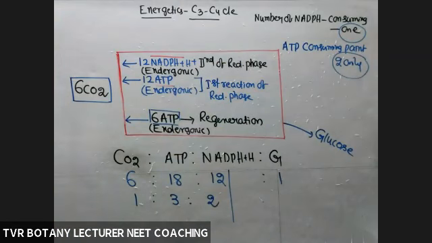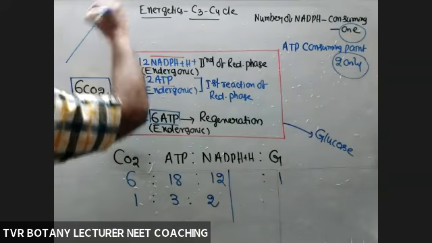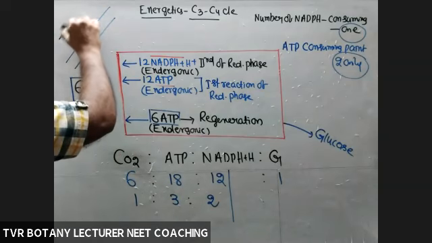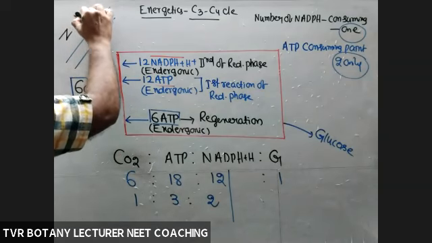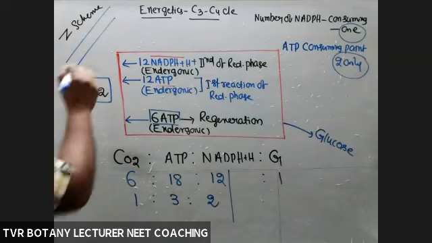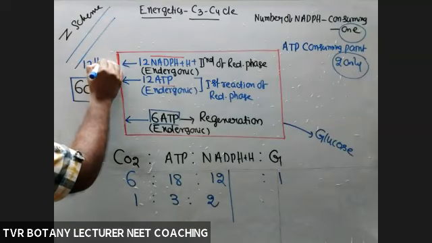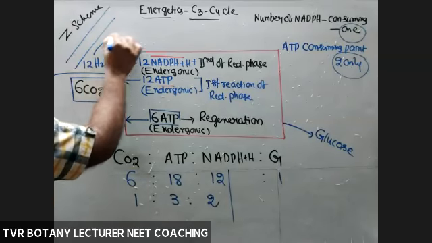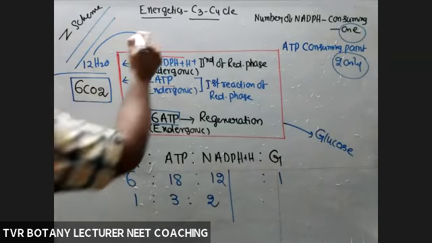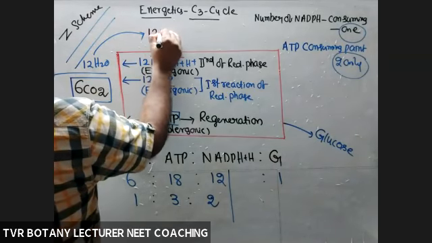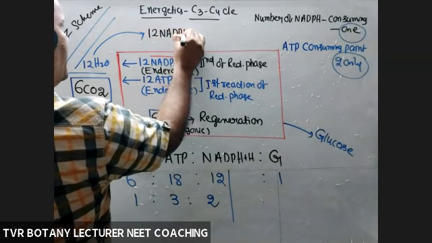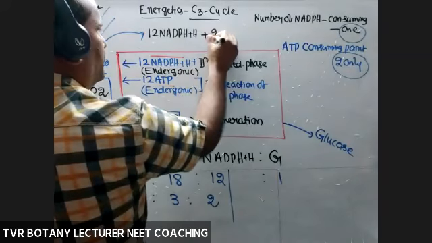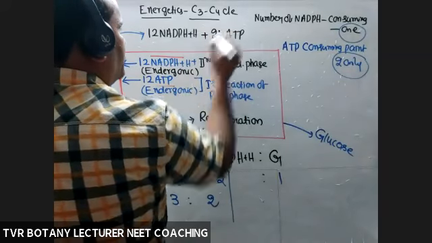This assimilatory power is generally coming from, here I'm taking the non-cyclic electron transport system, Z scheme. This is a Z scheme. So if 12 H2O molecules photolyzed, this is part of a light reaction. Okay, so 12 H2O photolyzed. What about the number of NADPH available? 12 molecules of NADPH, H plus, and 24 ATP molecules available.